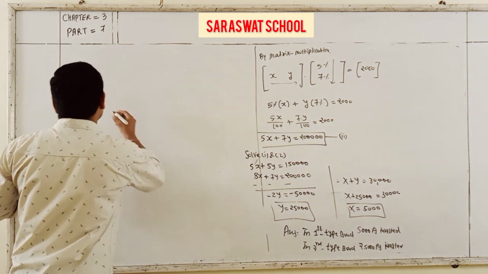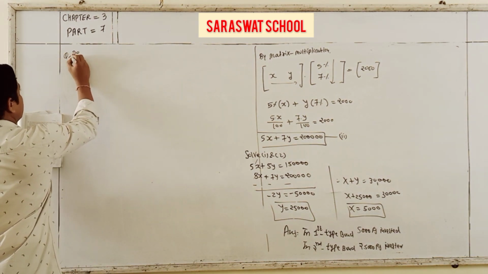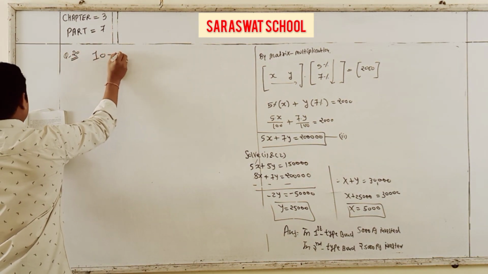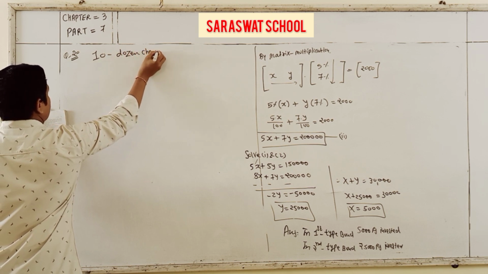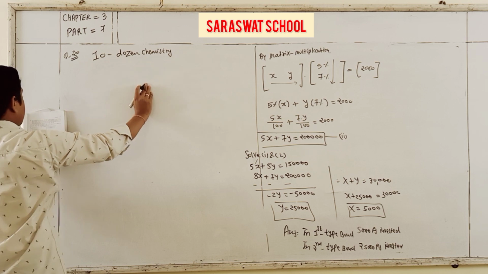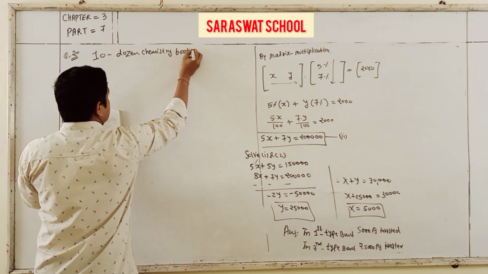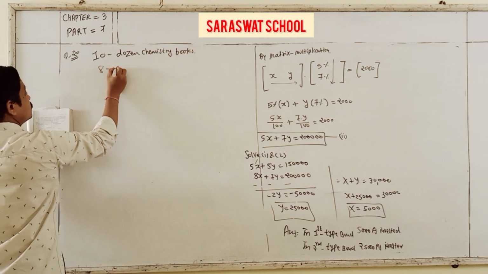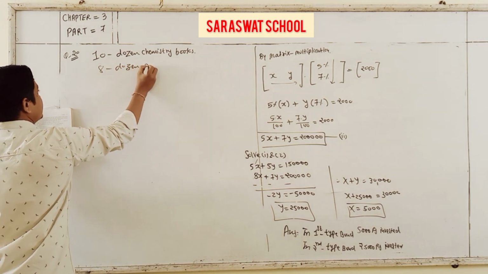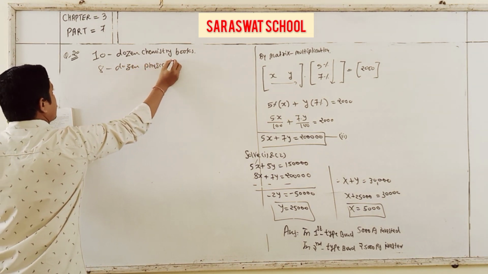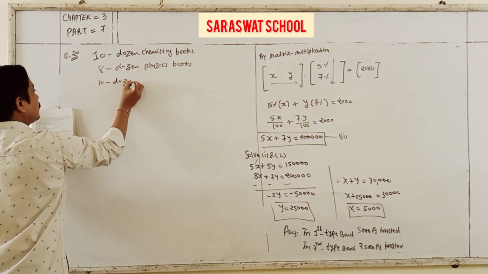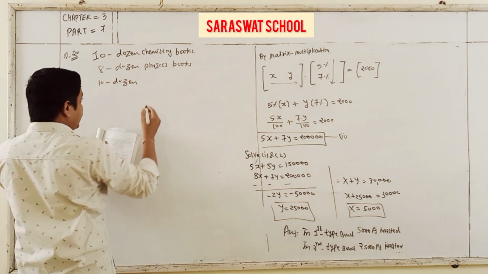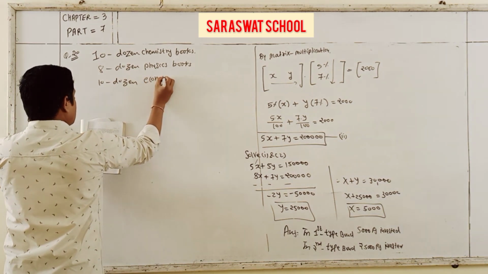So here I just write 10 dozen chemistry books. Next 8 dozen physics books and again 10 dozen. How much is given? 10 dozen for economics books.